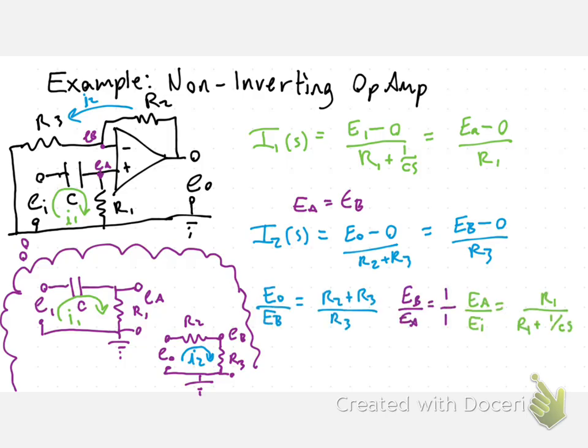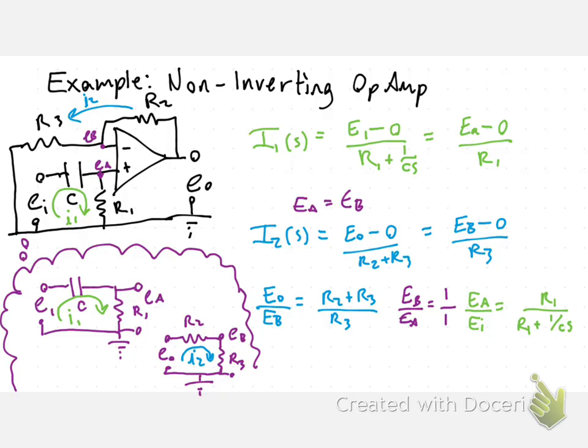So we could say EO over EB is going to be equal to R2 plus R3 over R3. We get that from that equation in blue. EB over EA is just 1 because they're equal to each other. And EA over EI is equal to R1 over R1 plus 1 over CS, or R1 CS over R1 CS plus 1.